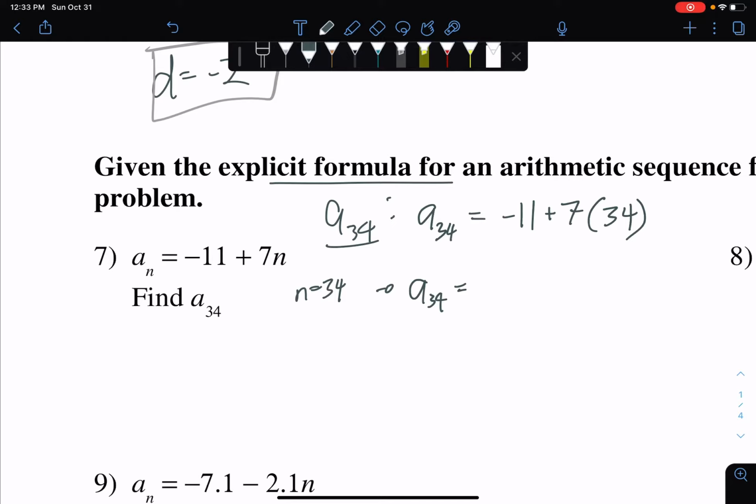So negative 11 plus 7 times 34. By the way, I think it is vital to use the calculator in order to solve these problems. I hope you have your calculator with you as we go along solving this worksheet, because solving it manually will only cause a big burden. So a sub 34 is equal to 227.